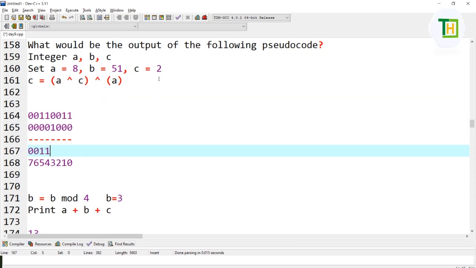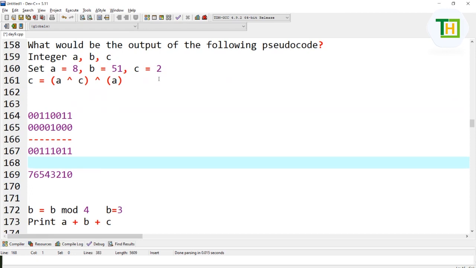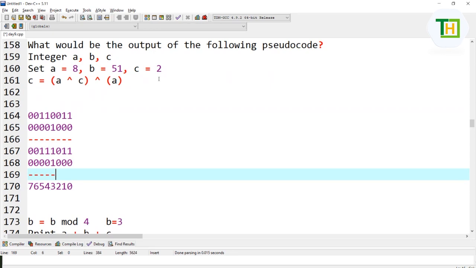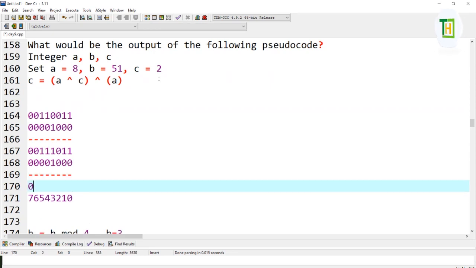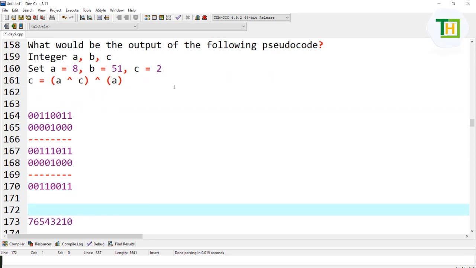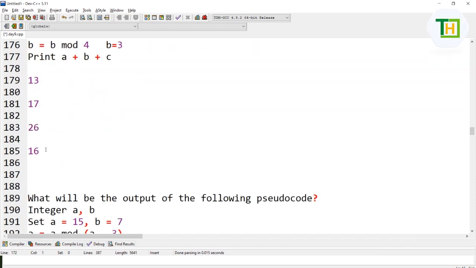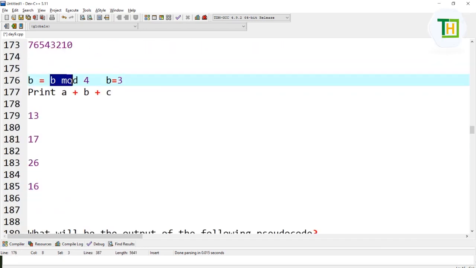Then 8 value is going to be 0 0 0 0 1 0 0 0 and I'm going to apply this, 0 0 1 1 0 0 1 1. This is going to be an XOR gate, but the result is not perfect, right? B is equal to B mod 4.